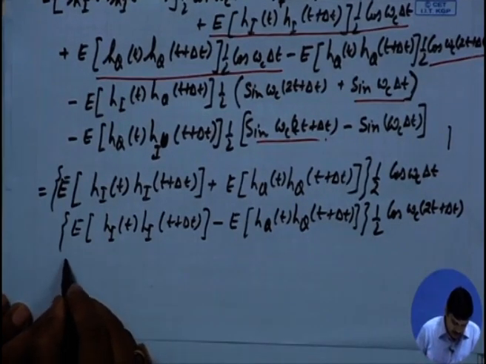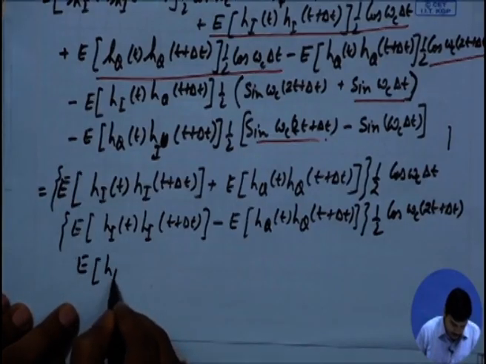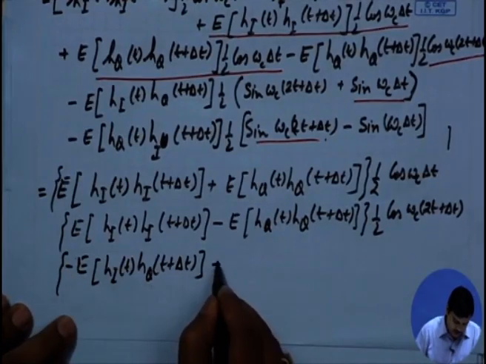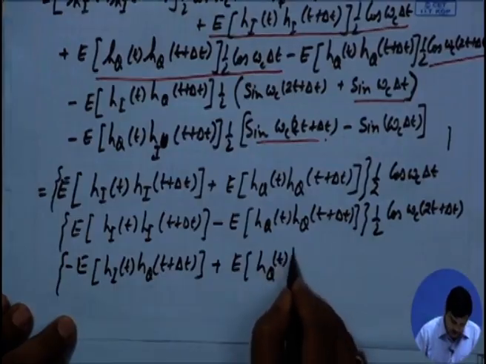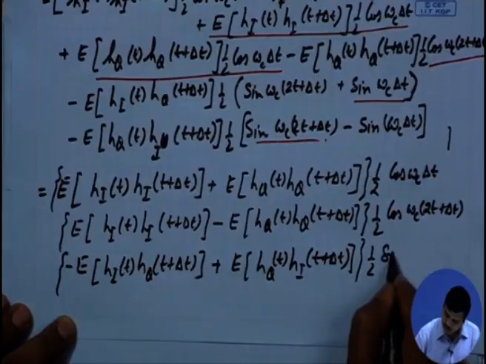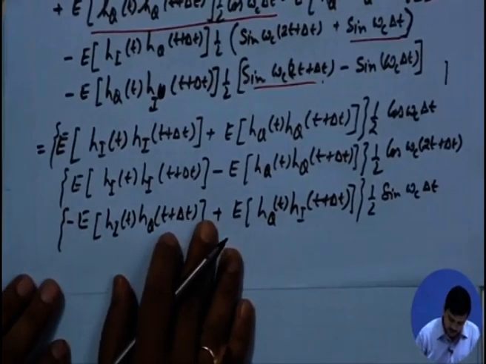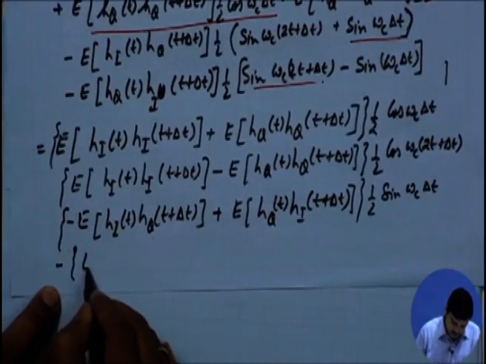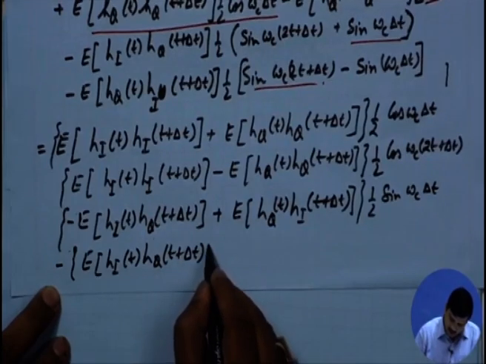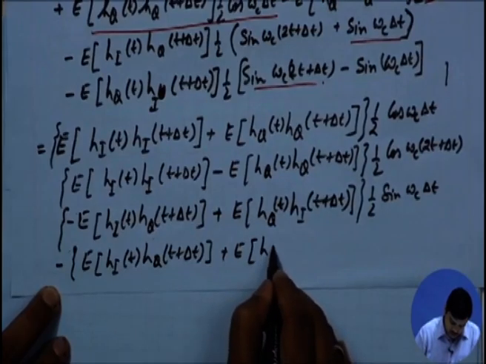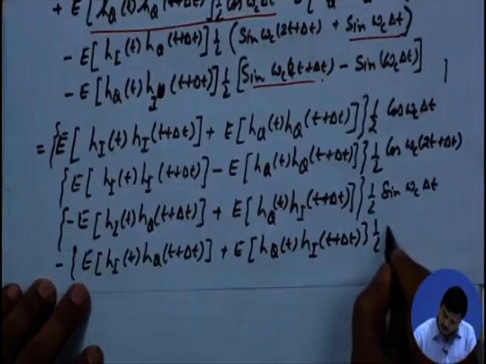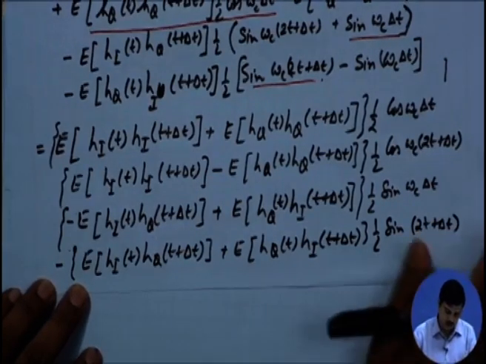that is E of hi of t hq of t plus delta t with a minus sign in front of it, plus E of hq of t hi of t plus delta t, this having with it sine omega c delta t, and then finally we are left with the last term, that is minus of expected value of hi of t hq of t plus delta t plus E of hq of t hi of t plus delta t multiplied by half sine 2t plus delta t.